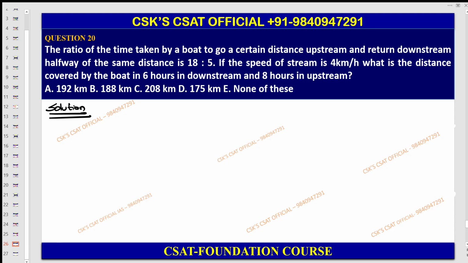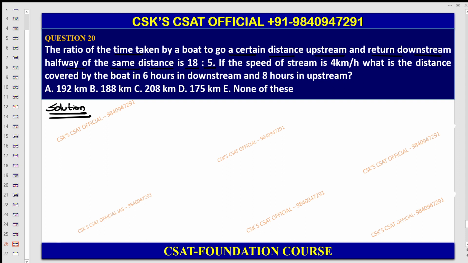The ratio of the time taken by a boat to go a certain distance upstream and return downstream half of the same distance, half of the same distance, is equal to 18:5.